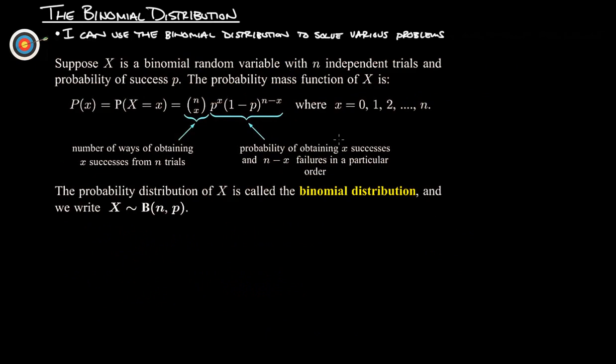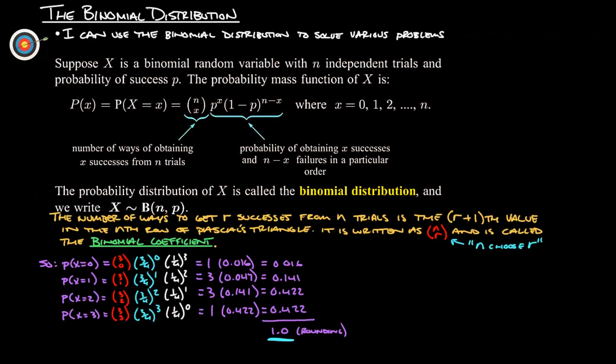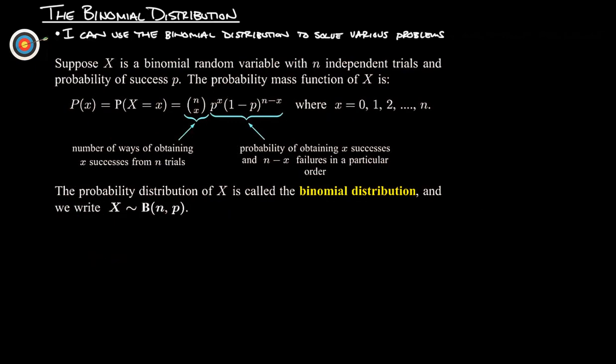I'm not necessarily going to suggest writing this down just yet. We'll use it a little bit first, and then once it makes more sense, you can write it down. But suppose x is a binomial random variable with n independent trials and probability of success p. The probability mass function of x is this big mess of stuff here, which is basically what we just did.